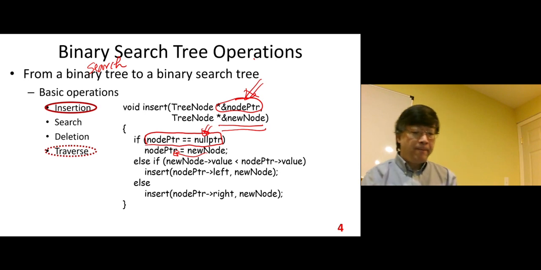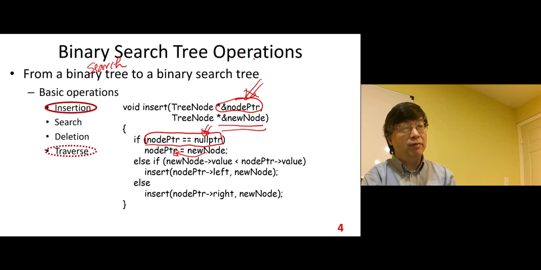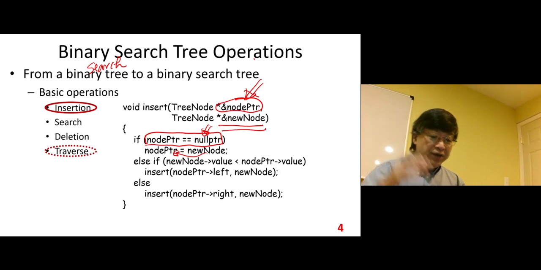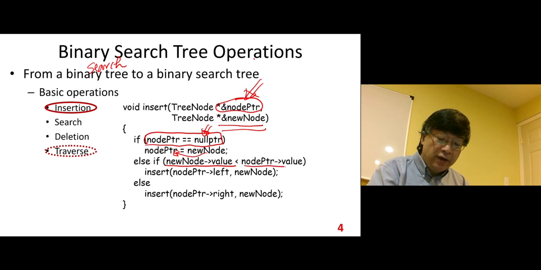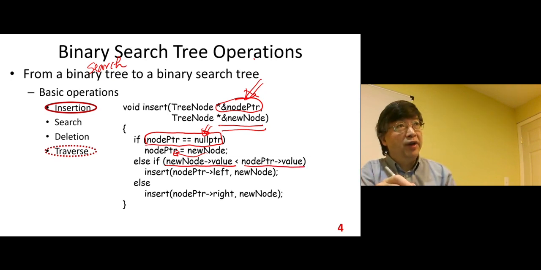Else, if it's not a null pointer, there is data in that subtree, so you need to compare the key with the key in the current node.